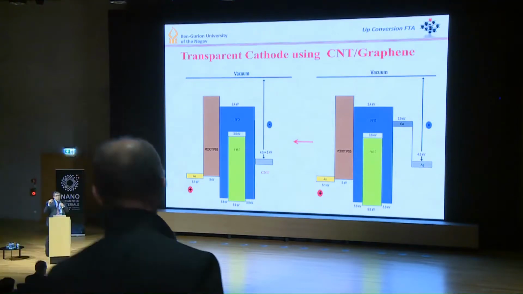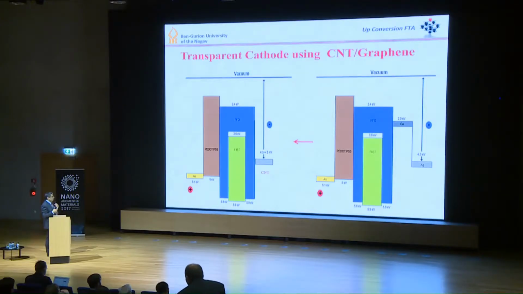If we can reduce this barrier, then we will not have to apply so much voltage or so much bias in order to overcome this barrier. So the idea is to reduce the work function of the carbon nanotube in order to level it with the work function of the OLED in this case.